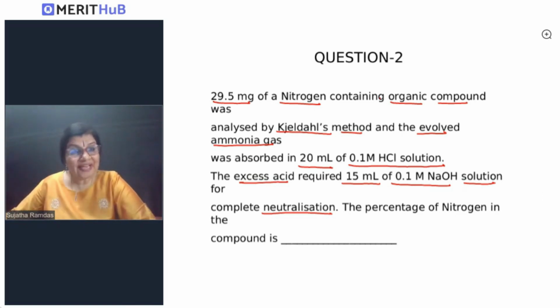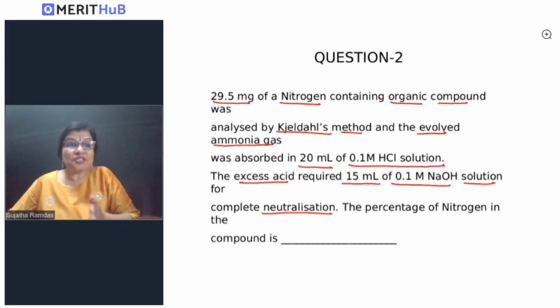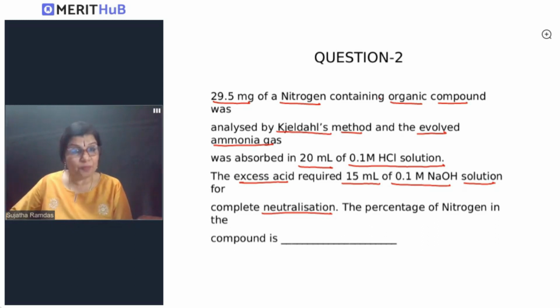There the unreacted sulfuric acid is neutralized by sodium hydroxide, and the mole ratio between sodium hydroxide and sulfuric acid is different from the mole ratio between sodium hydroxide and hydrochloric acid. Sulfuric acid is a diprotic acid, so the ratio between sodium hydroxide and sulfuric acid is 2:1. Whereas hydrochloric acid being a monoprotic acid, the ratio is 1:1.